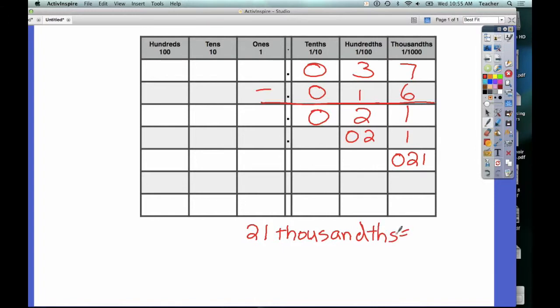Is the same as, is that correct? You guys get it written? That was D.